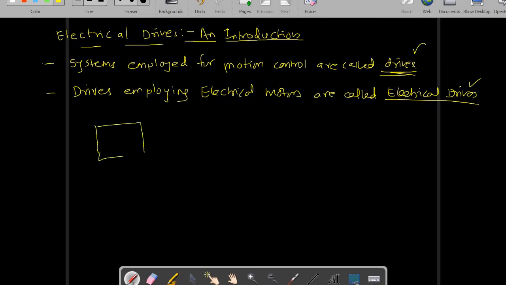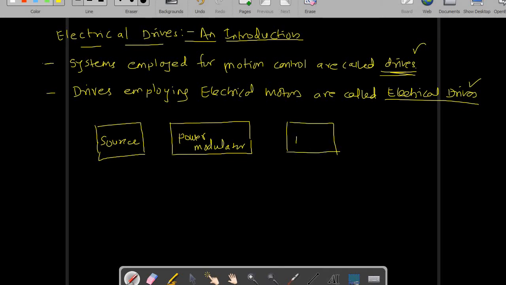Let me draw here. This is source. Then we have power modulator. Then we have motor.